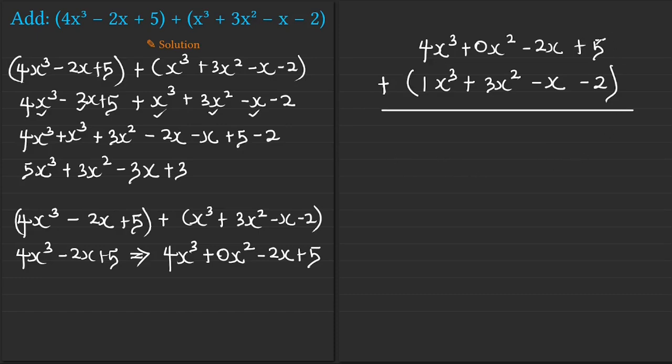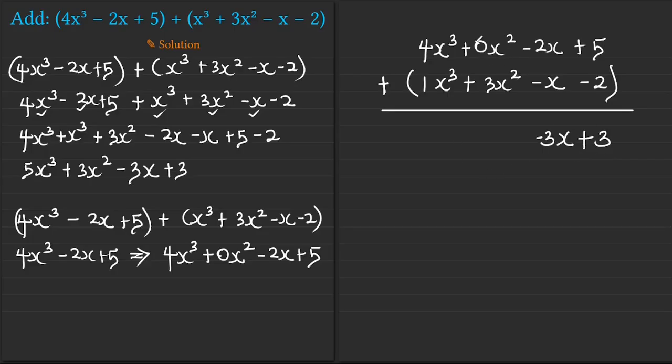So you have 5 plus negative 2. 5 plus negative 2 gives us a 3. Then we have negative 2 plus negative 1. That also gives us a negative 3, so negative 3x. Mind you, this is plus 3.